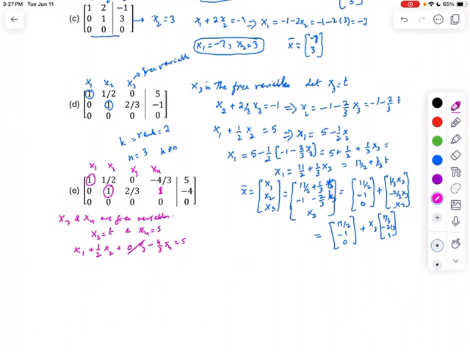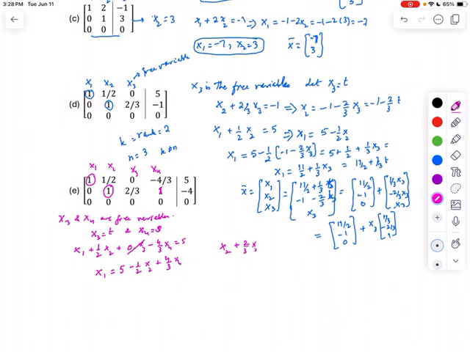Okay, I forgot this. So this will go away, and x2 we can get from the second equation, but this one gives me x1 is equal to 5 minus 1/2 x2 plus 4 over 3 x4, and instead of x4 I can write s, and x3 is t.